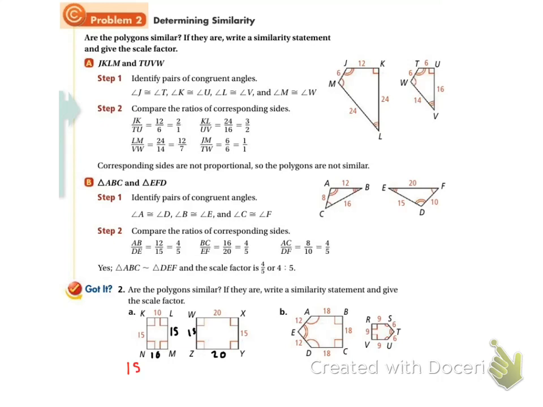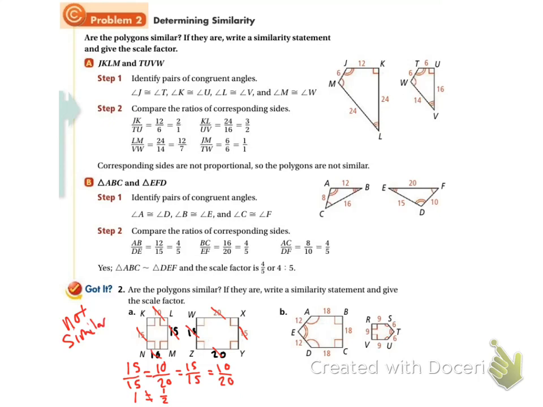Okay, so I've got 15, and that goes over this side, so over 15 equals, and then 10 over 20. 15 over 15 is 1, but 10 over 20 is a half. Already I can stop. 1 is not equal to a half, so these shapes are not similar. And maybe you could just see that already from looking at it, but not similar.